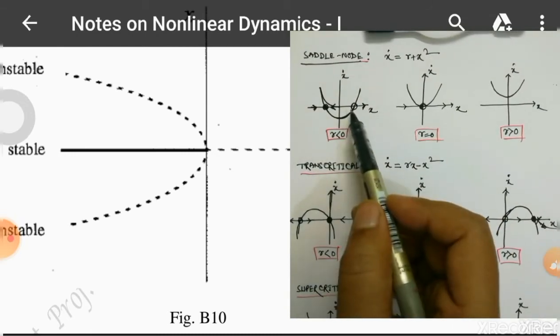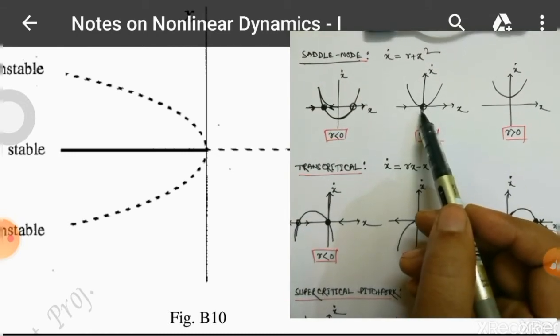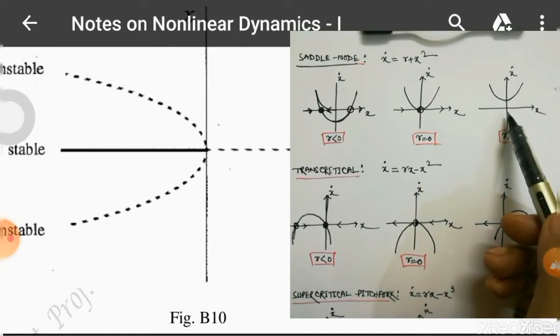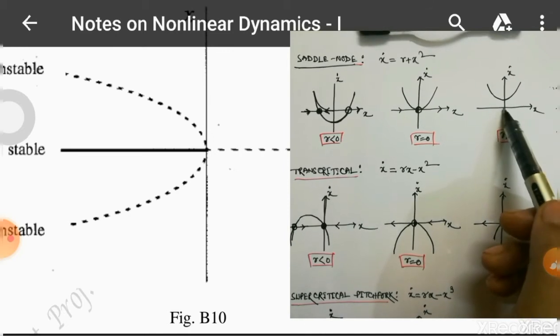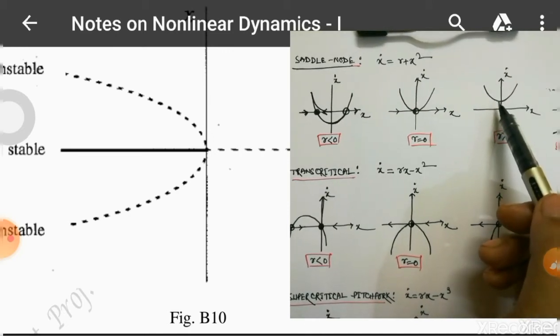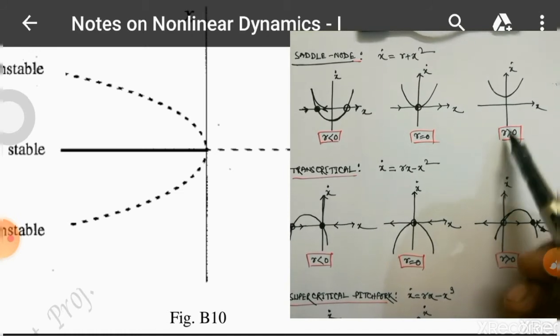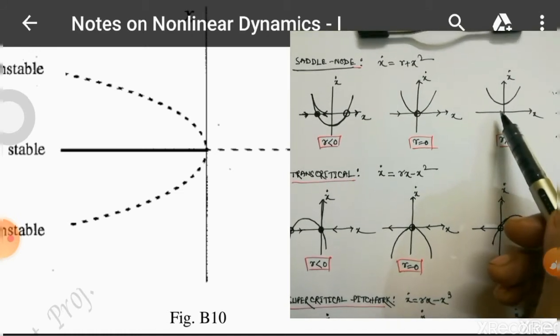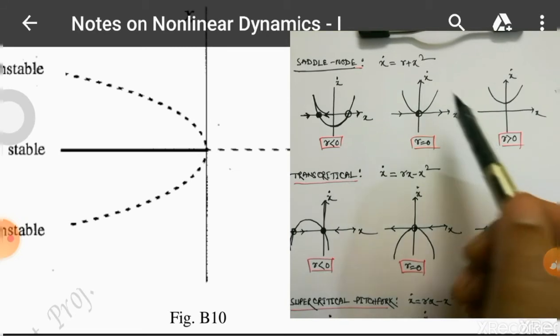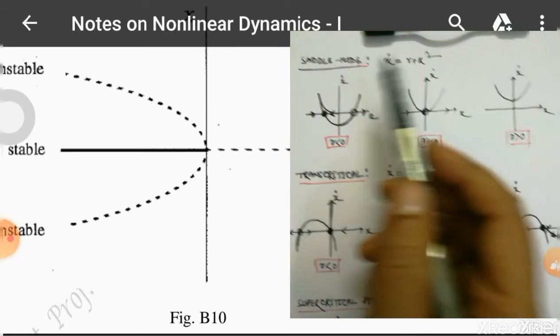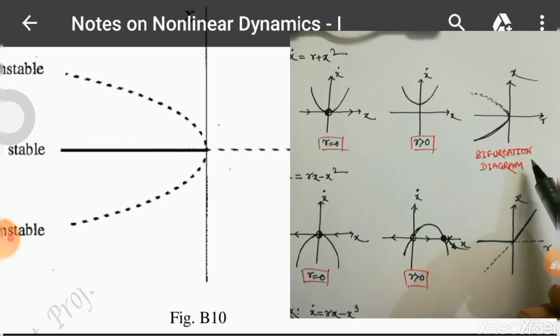They collide, and finally with further variation of r, the two fixed points annihilate, and at a particular value of r there exist no fixed points at all. This is the case of saddle node bifurcation, and the bifurcation diagram looks like this one.